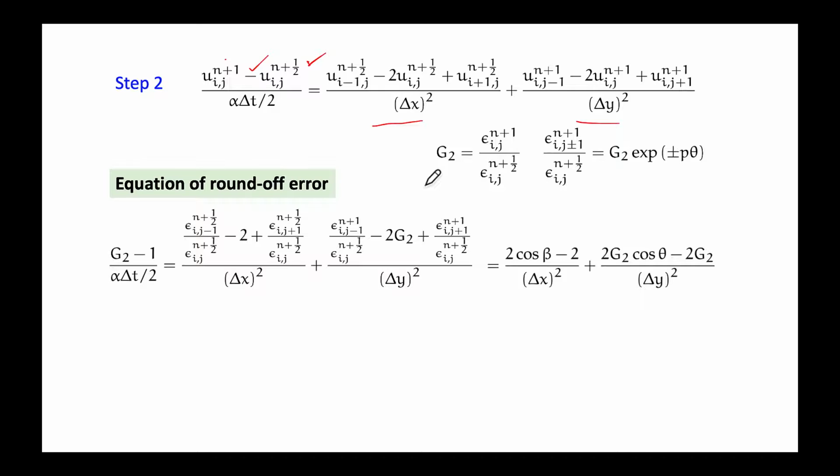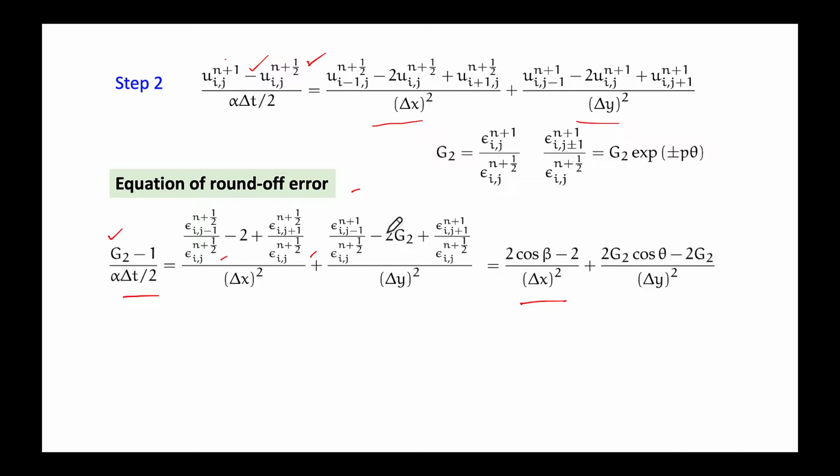So if I now write the equation of round off error, I get in left side g2 minus 1 by alpha delta t by 2, and this will take us twice cos beta minus 2 by delta x squared, because everything here is at n plus half time step, so g doesn't appear here.